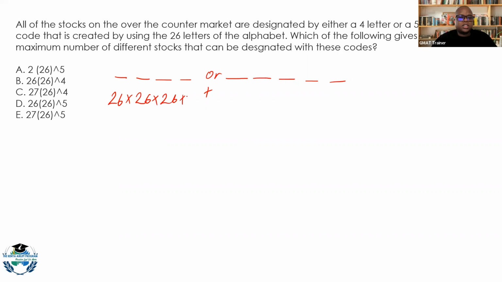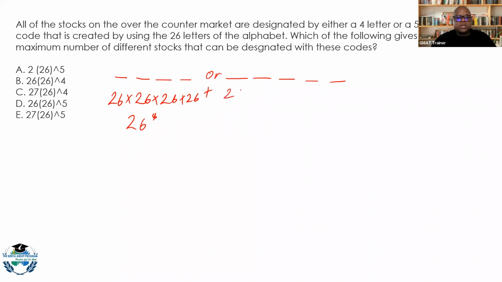The fourth position can take 26 possible values. Once you get the spaces, you just multiply them, because you can have this and that and that and that. Given the AND, the operation becomes multiplication. So this becomes 26 raised to power 4.